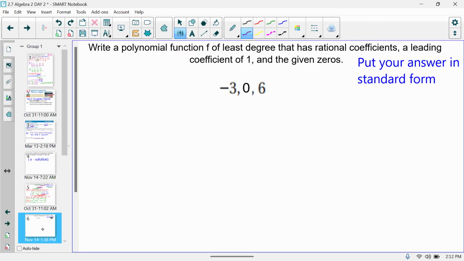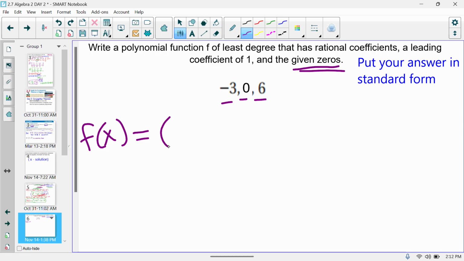Let's try another one. So write a polynomial function of least degree. So we're going to be writing the function that has, again, rational coefficients and leading coefficient of 1. You don't have to pay that much attention to that. Pay more attention to the fact that we want it to have the given zeros. So we want these 3 things to be solutions. So we'll write it out in factored form first.